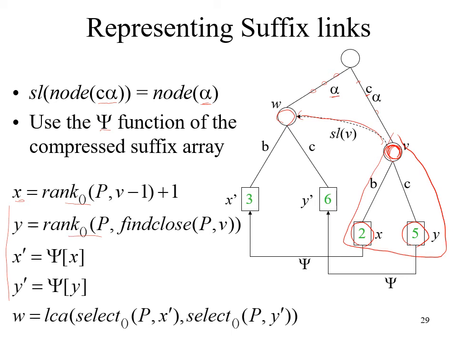Then we compute psi of x and psi of y. So this x goes to this x prime, and this leaf y goes to this y prime. Then W is actually the LCA between x prime and y prime.